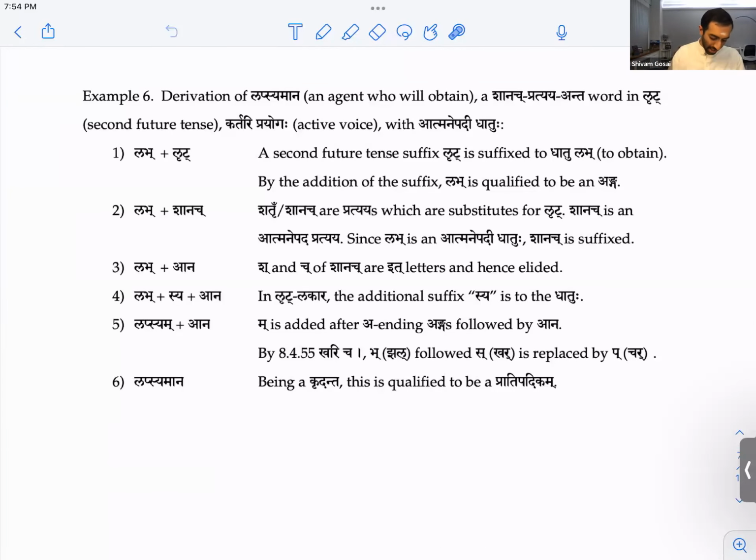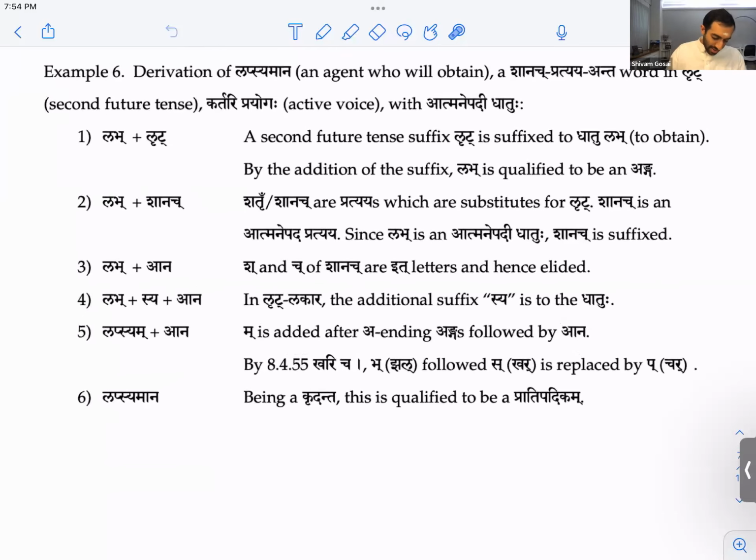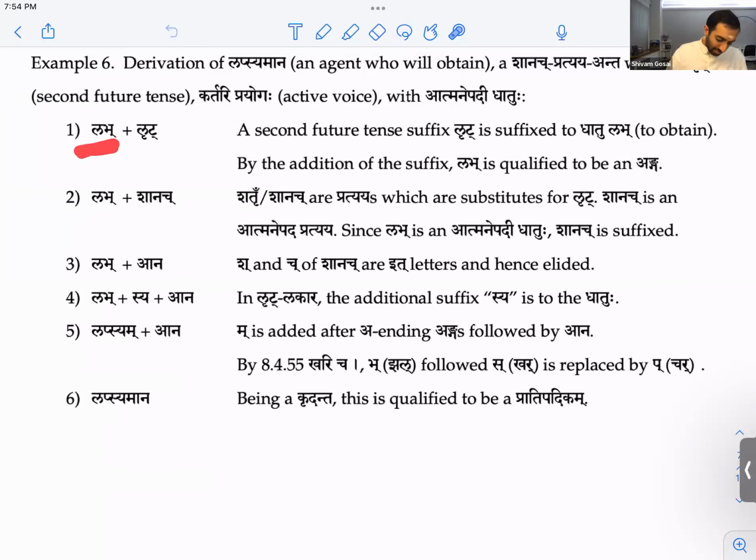Okay, now that will help us understand this. Now I have Lab plus Lrt. Now, Śānac is an Atmane Pada Pratyaya. Since Lab is an Atmane Padi Dhatu, unlike what we saw with Vach, which was Parasmaipadi, Śānac is the suffix now.